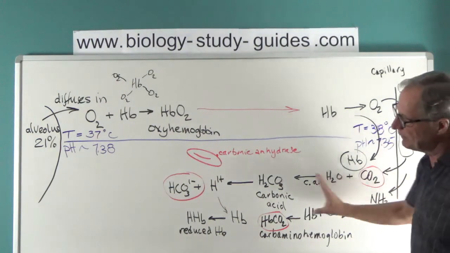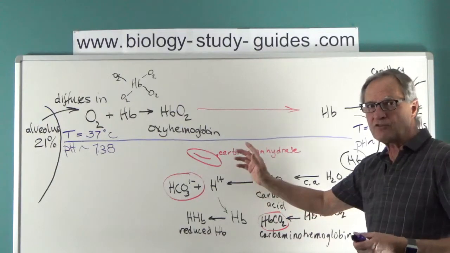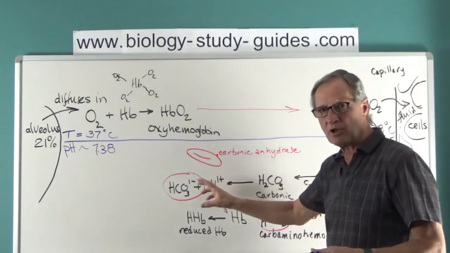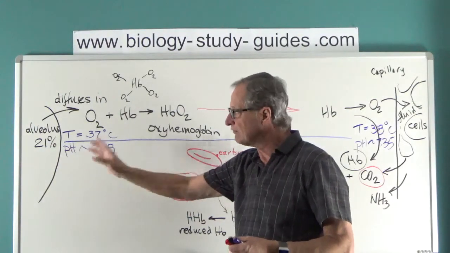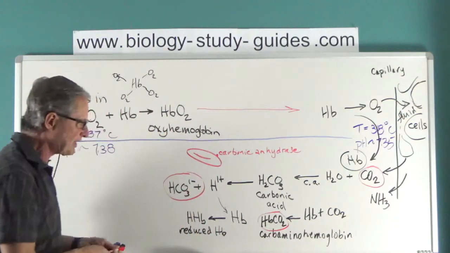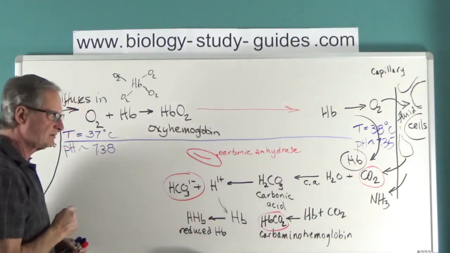So by the time the blood goes back towards the heart, up through the vena cava, right atrium, right ventricle, and gets pumped out the pulmonary artery to the pulmonary arterioles, to the alveolus, we have the carbon dioxide being transported in 1, 2, 3 different ways.